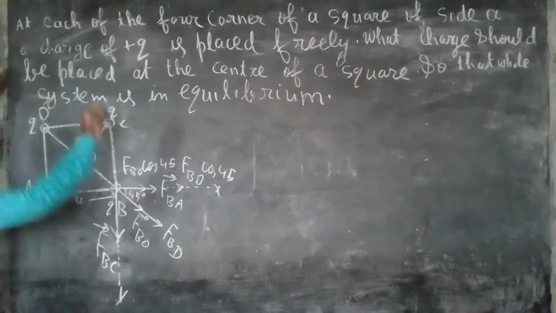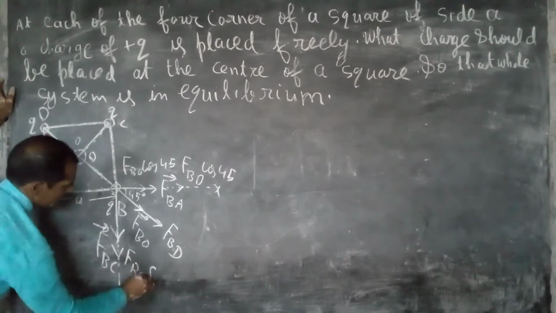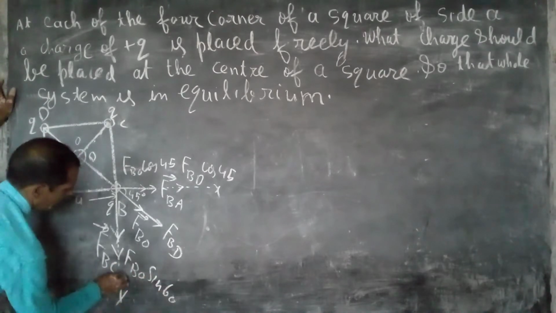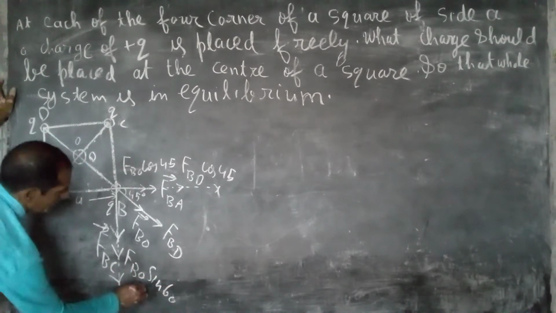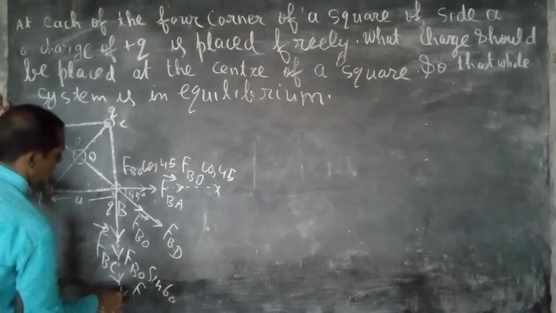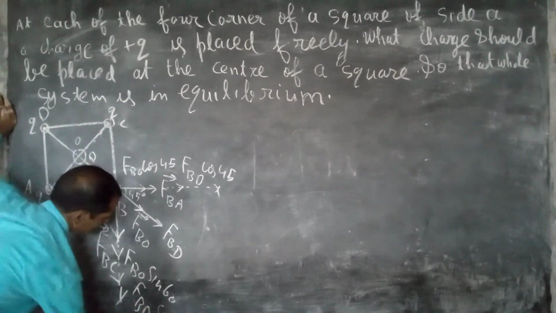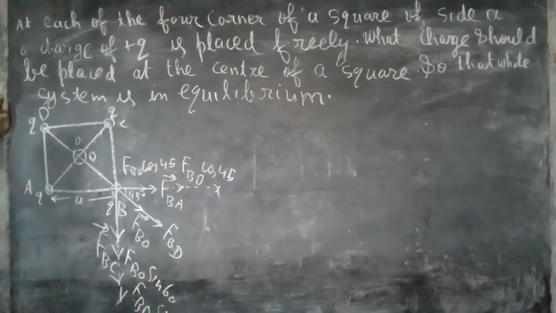Now we take the components in the y direction: FBO sin 45 and FBD sin 45. So now the net force in the x direction.